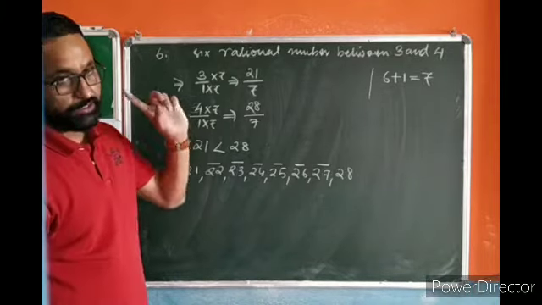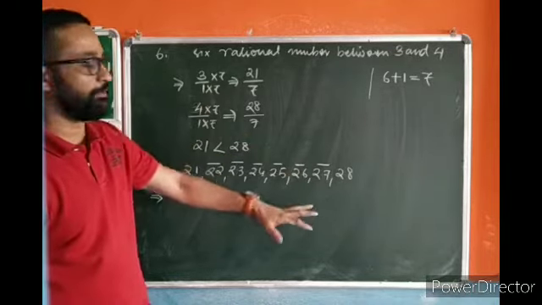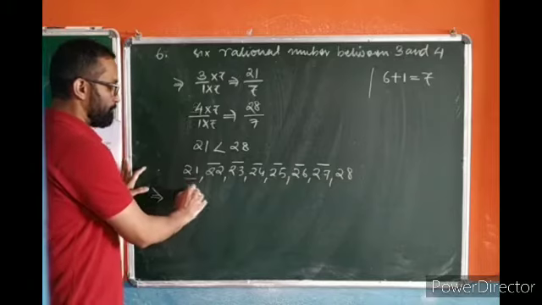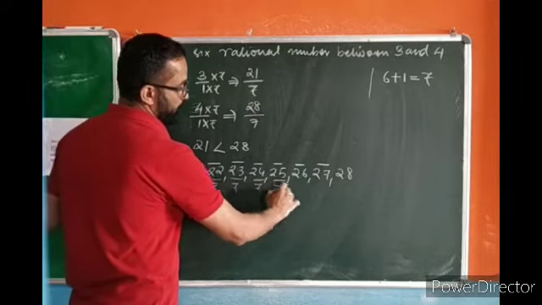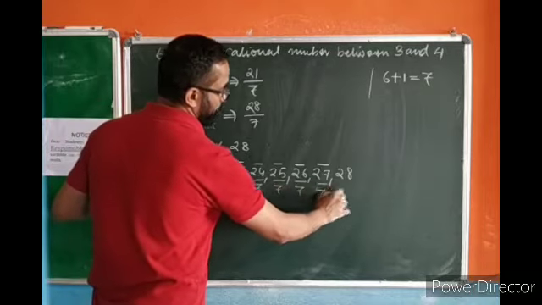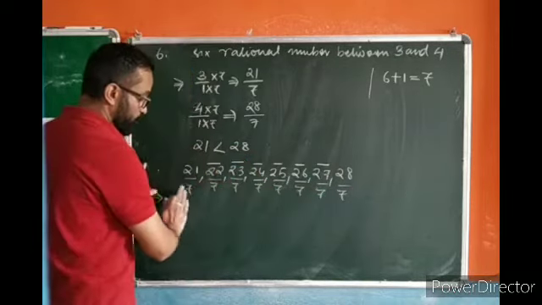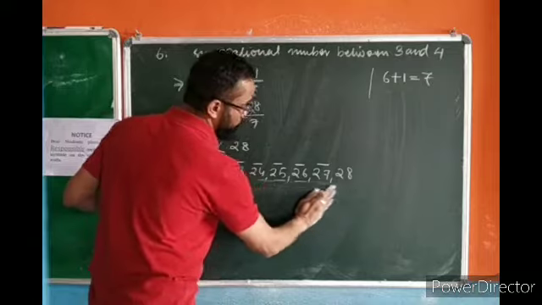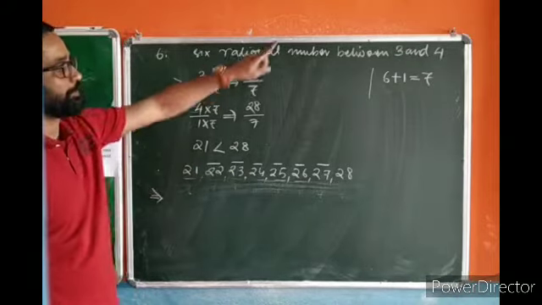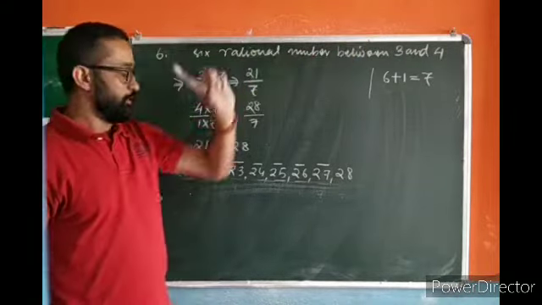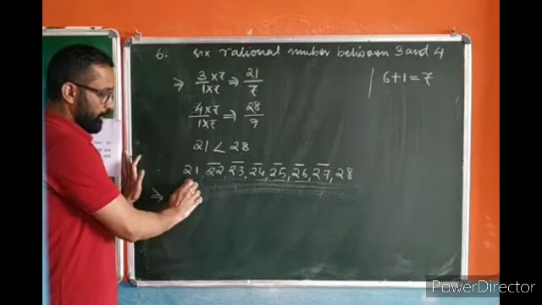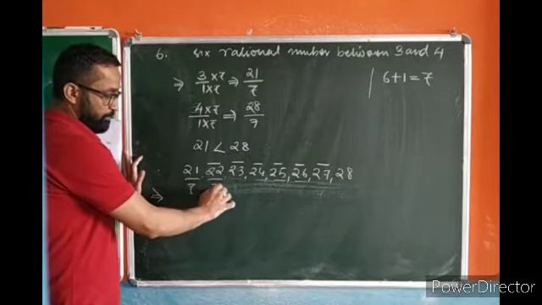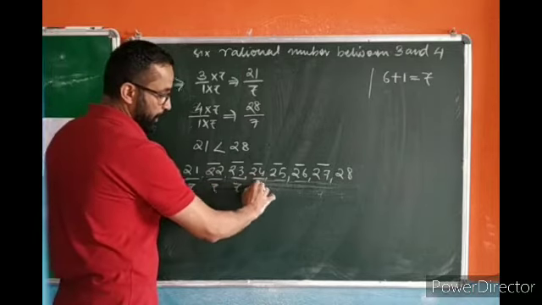So this is the rational number we have inserted. You can divide it by 7 because the denominator has to be 7. When we divide all these numbers by 7, look at the calculation now.